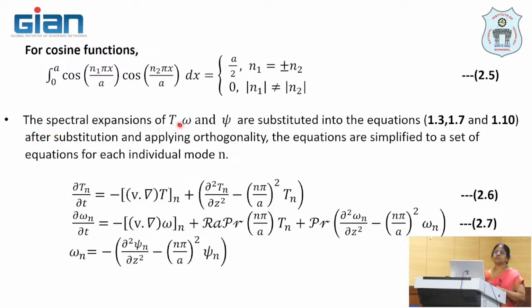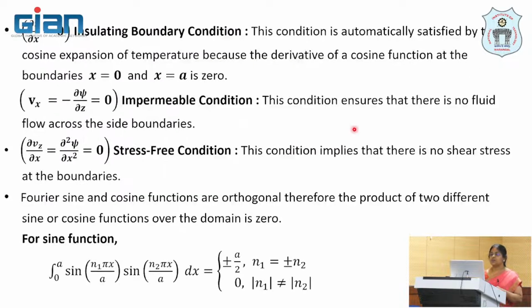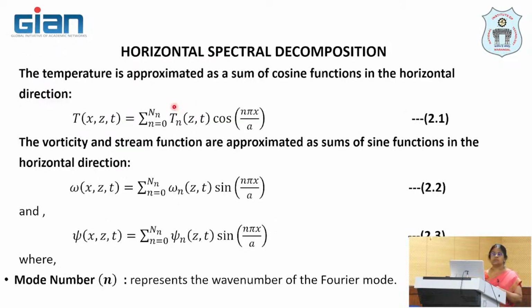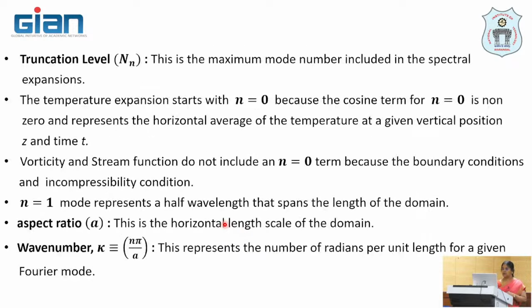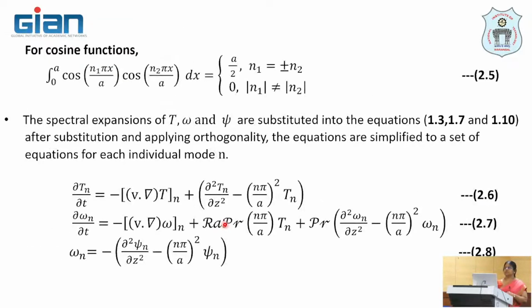The spectral expansions of these dependent variables are substituted. What are the spectral expansions? This spectral expansion. Instead of T, you write it in the series form. Instead of omega, in the series form. Instead of psi, in the series form. Where? In the Navier-Stokes equation.